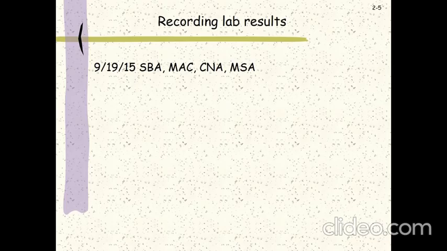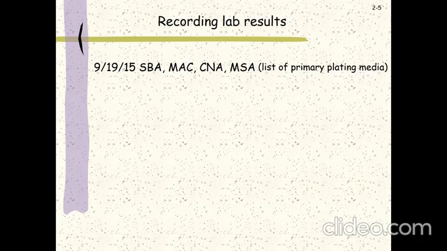So whoever's setting it up, if it comes in as a urine culture, then you have a couple different plates that are automatically thrown in there when a urine culture is ordered. So that the tech the next day can then come in and see that SBA, MAC, CNA, and MSA, for example, were set up on this. So the list of primary plating media that was given.